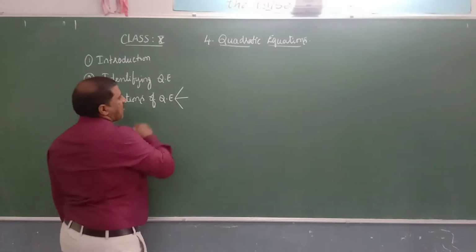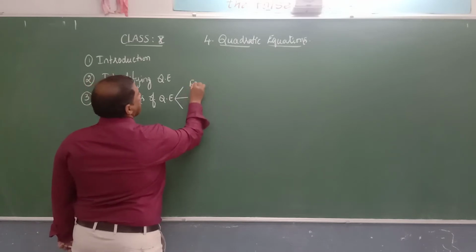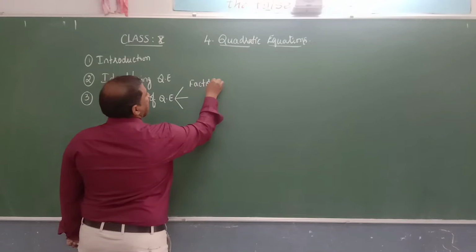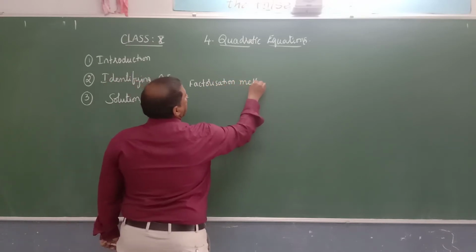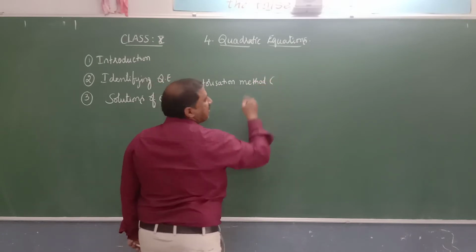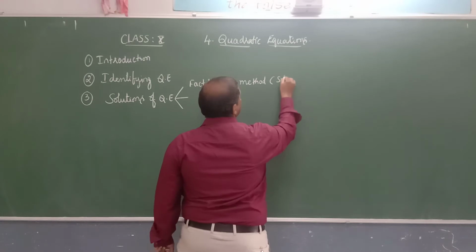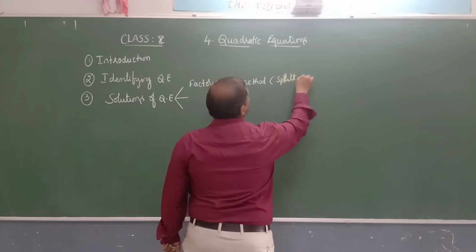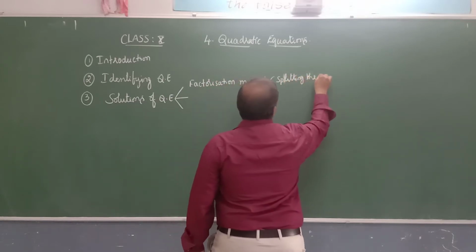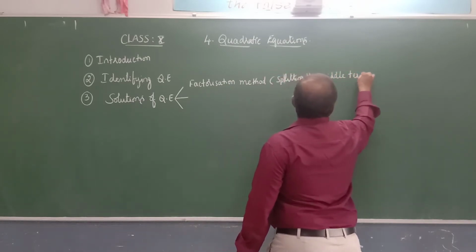So the methods for solutions of quadratic equations: the first one is the factorization method, where we use splitting the middle term.